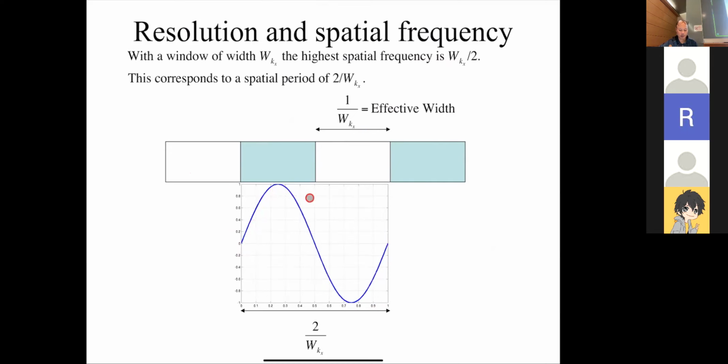So here's a function that looks like my object, right? So therefore, I should be able to capture this frequency component in my object. So this has a period of WKX over 2, okay? So that just means that if I want to capture that object in K space, I need to have a point that has a frequency of WKX over 2. And so my full width is WKX. Okay, so that's another way of looking at it.